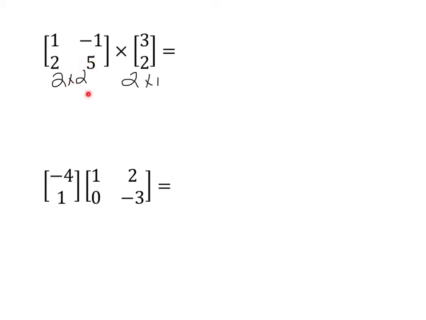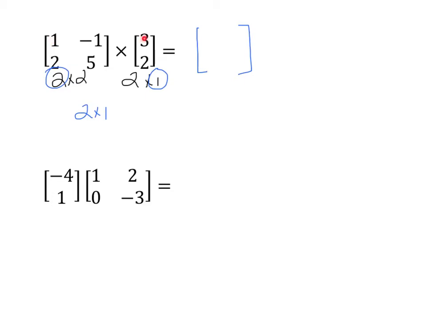If the two middle numbers are the same, then you can multiply the matrices. The dimensions of your resultant matrix will be a 2x1. That means 2 rows, 1 column.